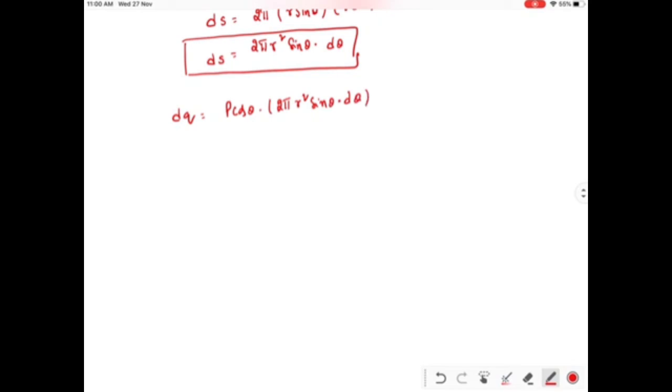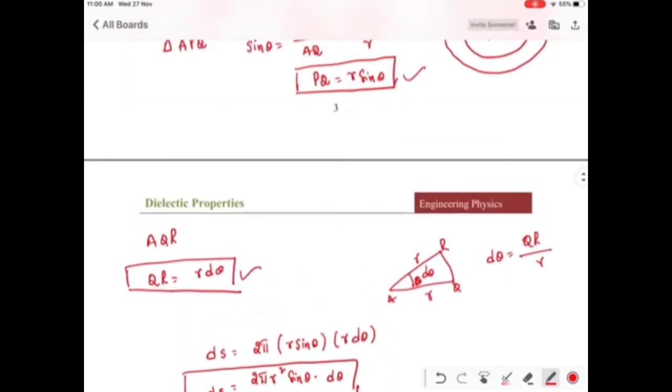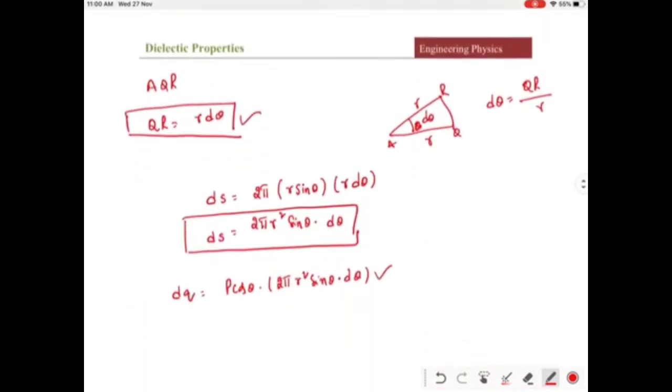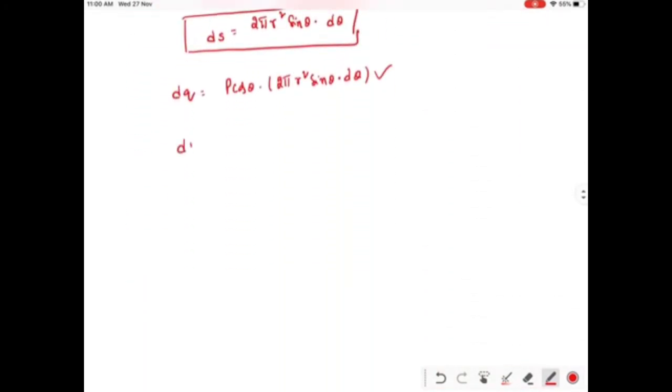So now we will substitute this dq value in the dE3 equation. So dE3 is equal to 1 by 4 pi epsilon naught dq by R square into cos theta. Now substitute this dq value here. So dE3 is equal to 1 by 4 pi epsilon naught, and the dq value is P cos theta into 2 pi R square sin theta d theta.